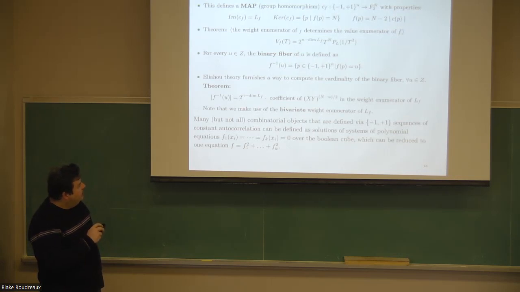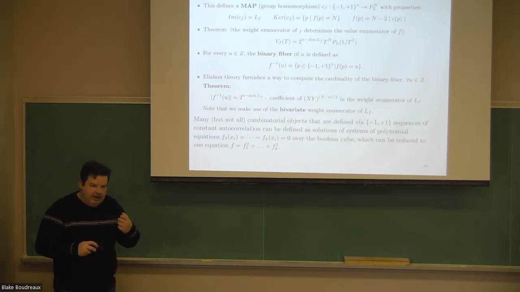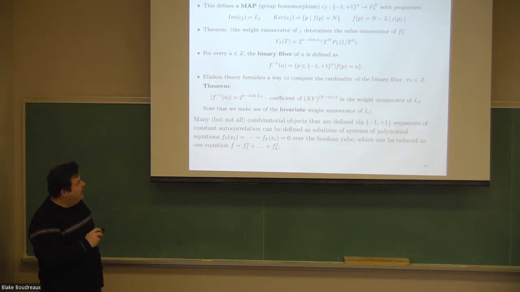So the theorem is the following. The cardinality of F minus 1 of u, so the inverse fiber of u, if you like, is 2 to the n minus the dimension of the code times the coefficient of xy in this power in the weight enumerator of this code. And we use the bivariate weight enumerator. Okay?